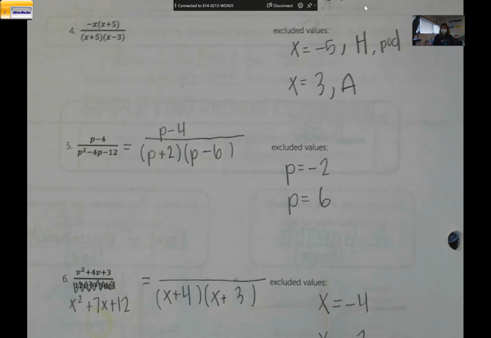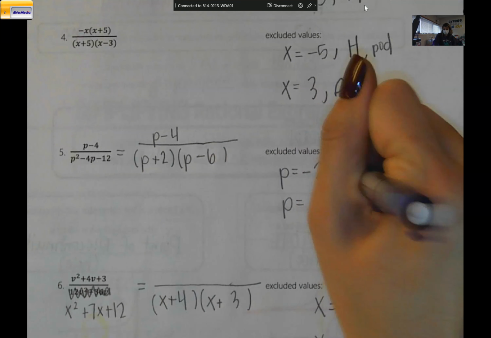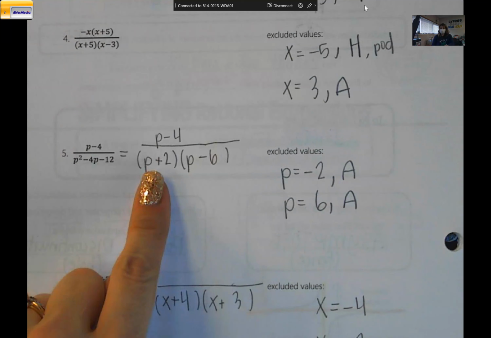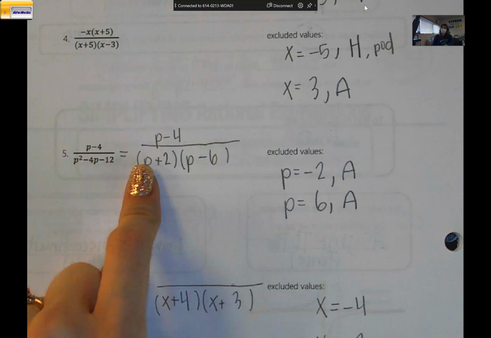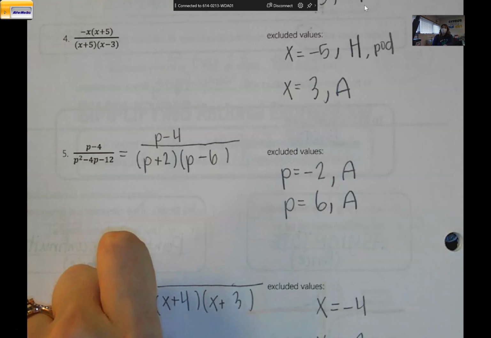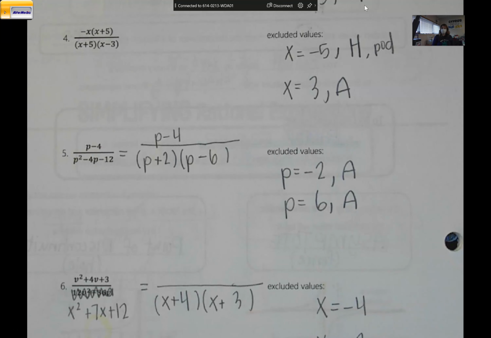Both of them? Oh, okay. There is not a p plus 2 in the top, and there is not a p minus 6 in the top. If it's only in the bottom, it's an asymptote.